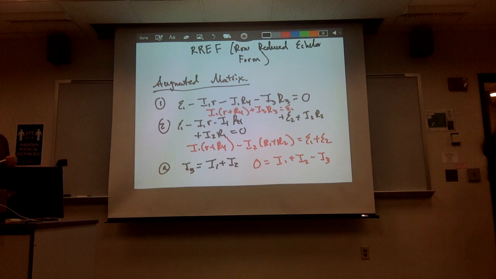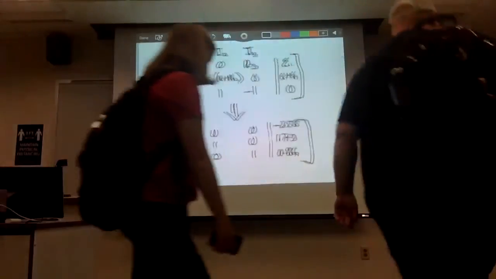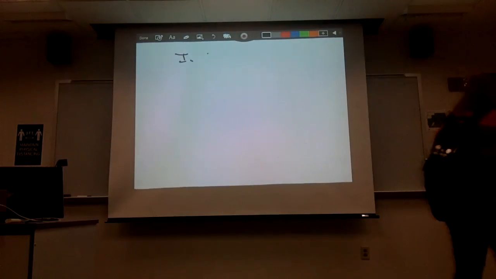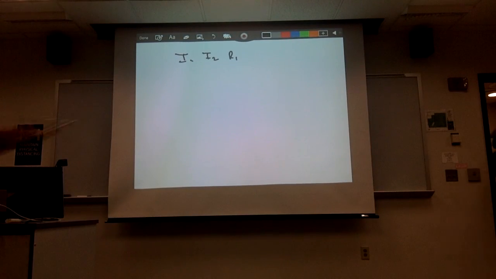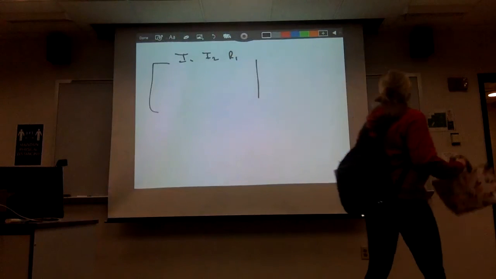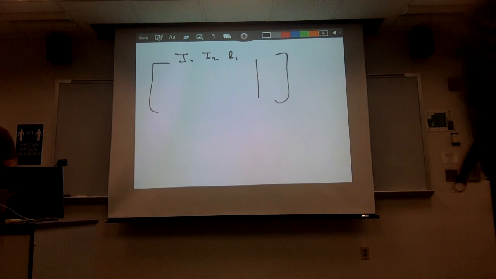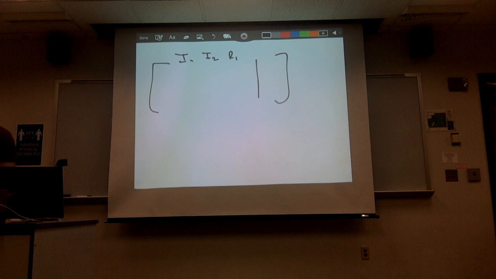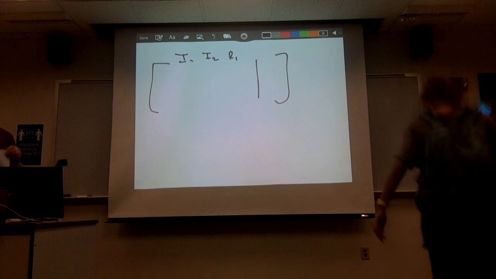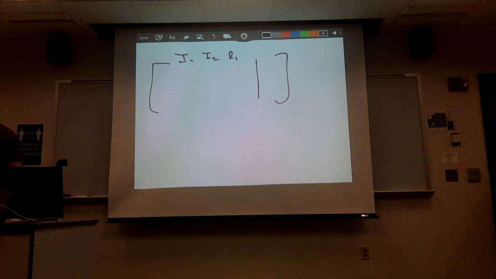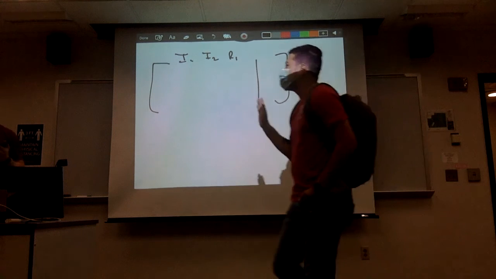You just put your resistance as its own column. Correct, so it would just be its own column. So in that case, if I had something like that, then I would have, for example, I1, I2, R1, and then the answer over here. So I would just set up something like that instead. Yeah, but you can still use the matrix. You just have to know what each one of the different columns is. That would be okay.